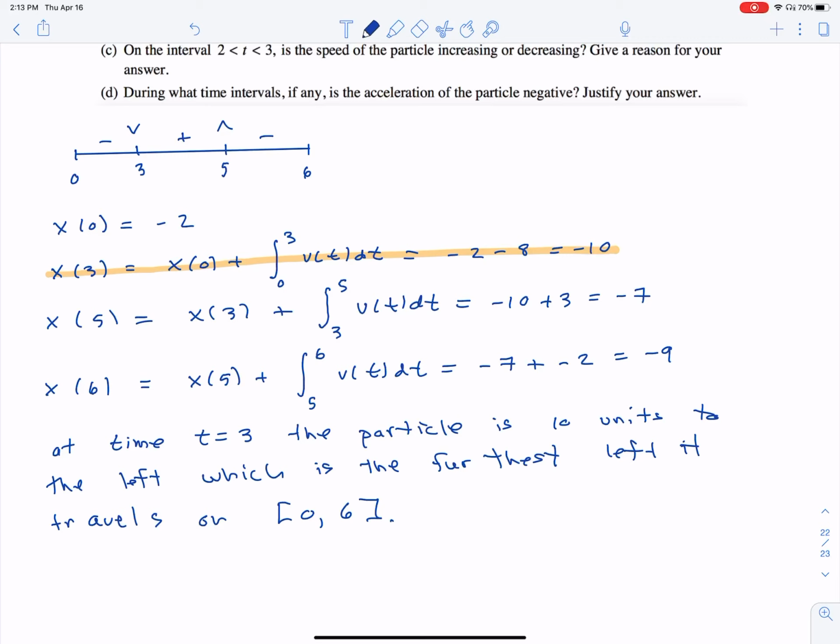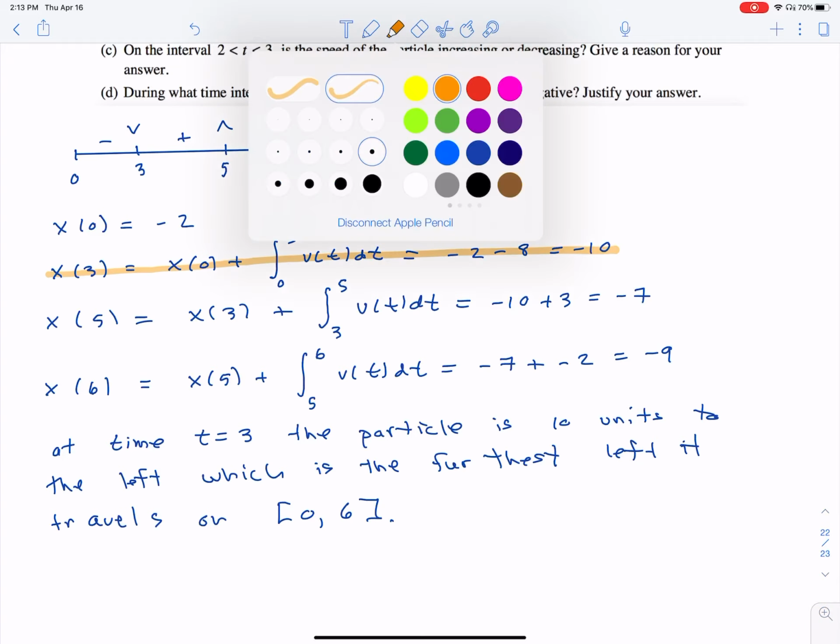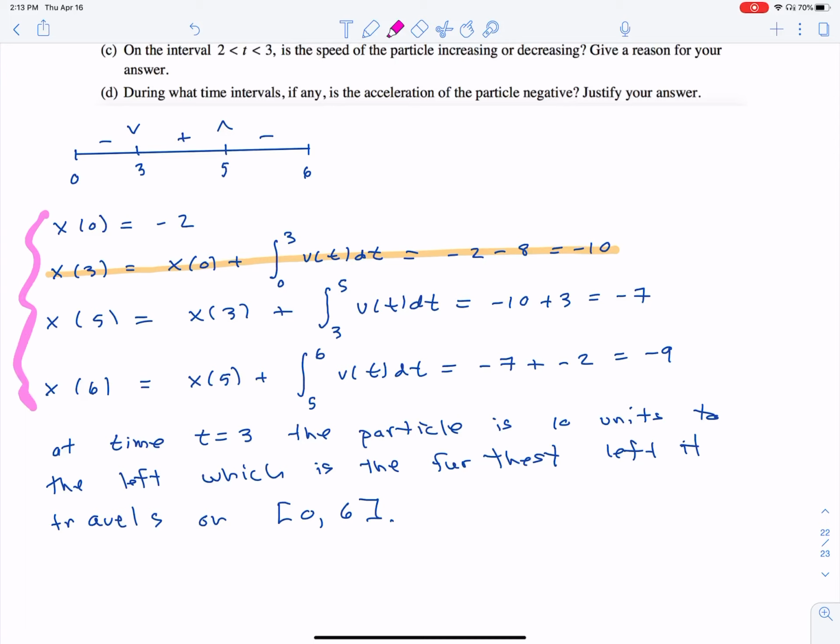Let's quickly backtrack to make sure we're good, and let me go through what you need to actually show. They did ask us to justify this. This part right here, I'm going to do in pink. This is my justification, not the sign chart, of course. That right there is my justification. I don't need to go any further than that. My answer, of course, I had to indicate.